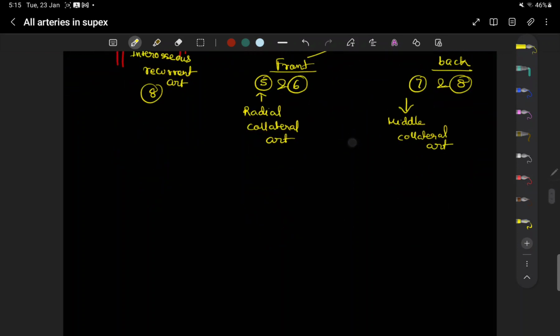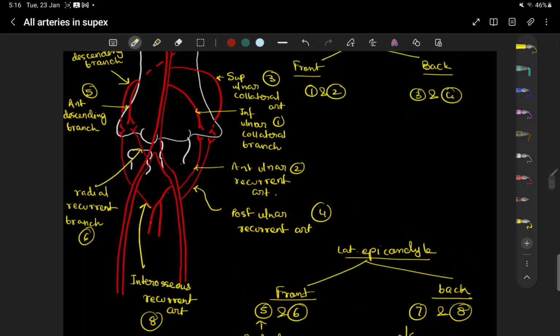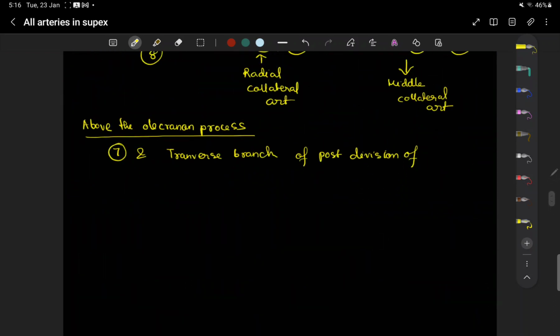Okay, and also we would have above the olecranon process, anastomosis between the 7th, that is the middle collateral artery, and the transverse branch of posterior division of this inferior ulnar collateral artery of 1. मतलब inferior ulnar collateral artery का posterior division के branch है, that is the transverse branch, which ends up anastomosing with the middle collateral artery.